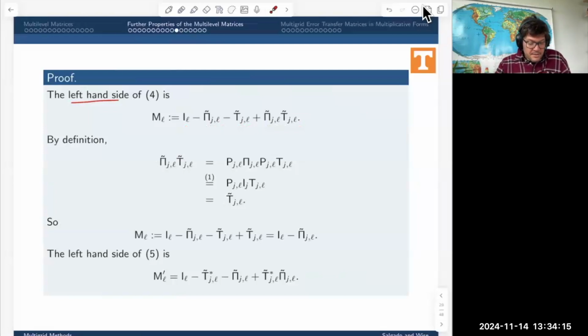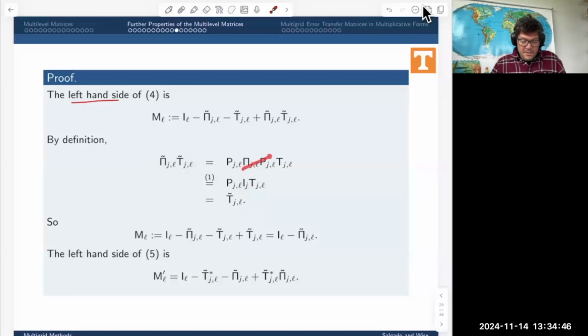Now, let's look at this by definition. What is this product by definition? That's going to be P_J^L times P_J^L, T_J^L times T_J^L. But remember, when we do multiplication like this, we always get the identity. That's something that we proved, and that was equation 1 in this slide deck. P_J^L times P_J^L is always the size J identity.